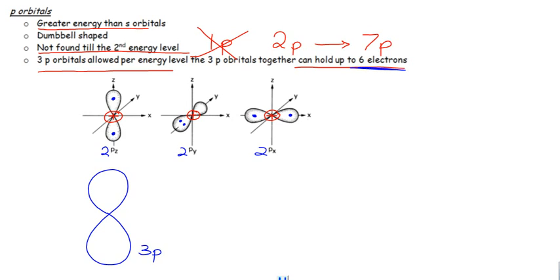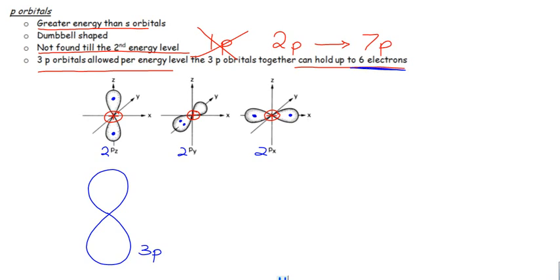There are 3 of them in every energy level, 2 and higher. They all look the same. The difference is just the way that they're situated in space, their axis in space. They can all hold a maximum of 2 electrons for a total of 6, 2 in each of the 3 p orbitals.